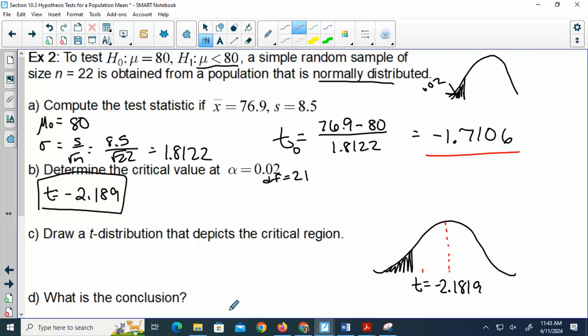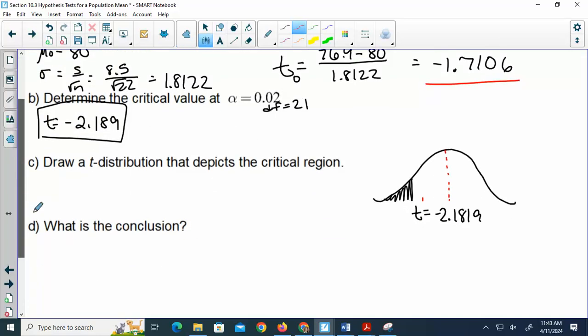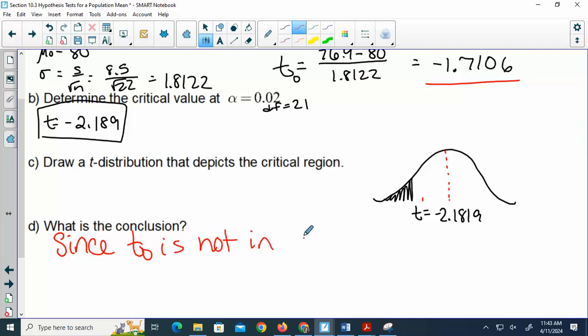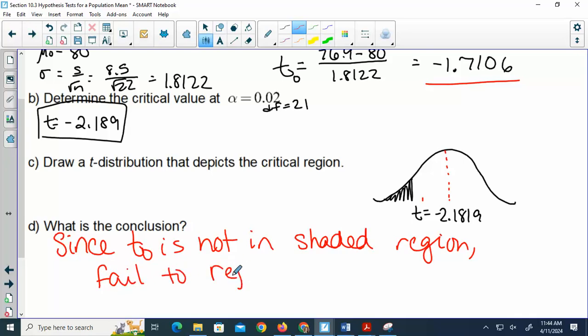No. So our conclusion, since the t for our sample, or the t sub 0, is not in the shaded region, we fail to reject the null hypothesis.